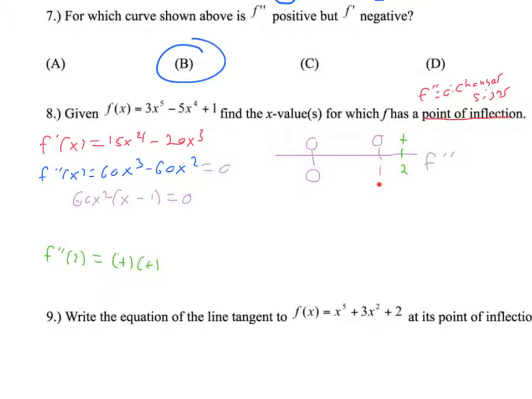Where did 1 come from? 1 came from this factor. This factor has an odd exponent, so there is going to be a sign change. 0 came from 60x squared. This exponent is even, so there is not going to be a sign change.